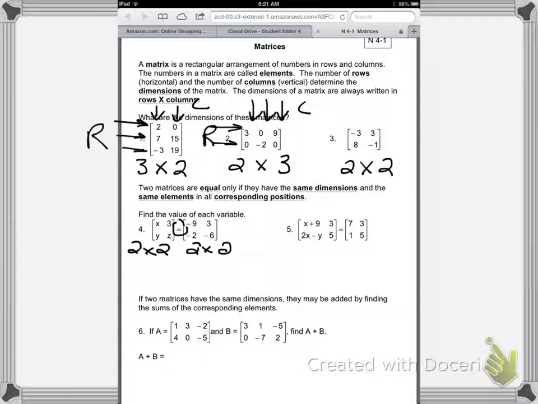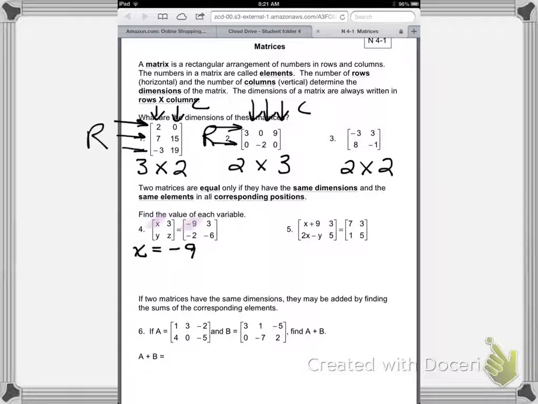Then I can draw some conclusions from knowing that they're equal matrices. I can figure out that corresponding elements are the same. In other words, this element will be the same as this element. So if I need to find the value of a variable, in this case, x equals -9.